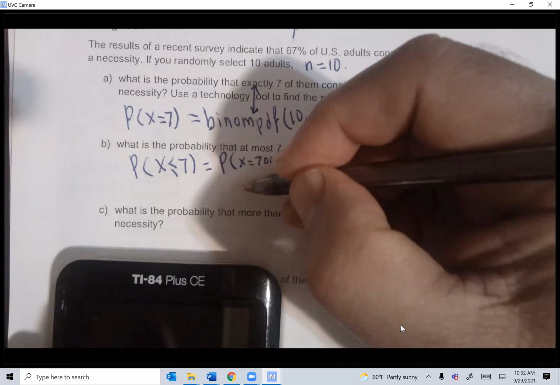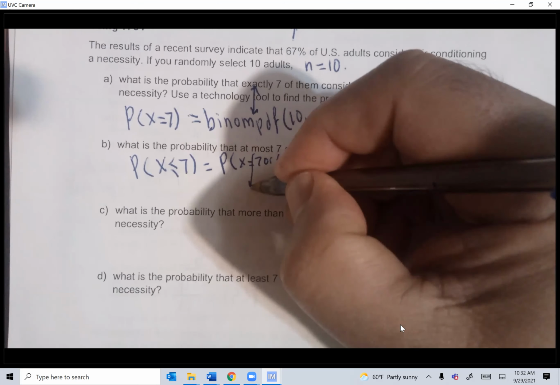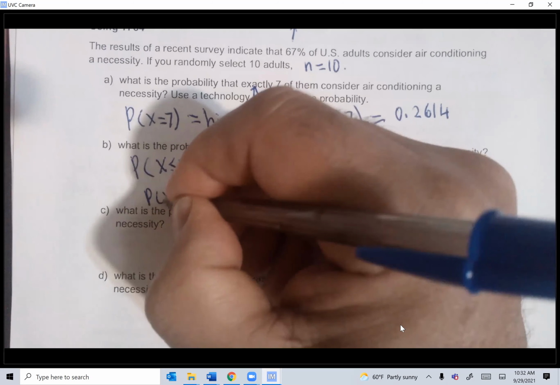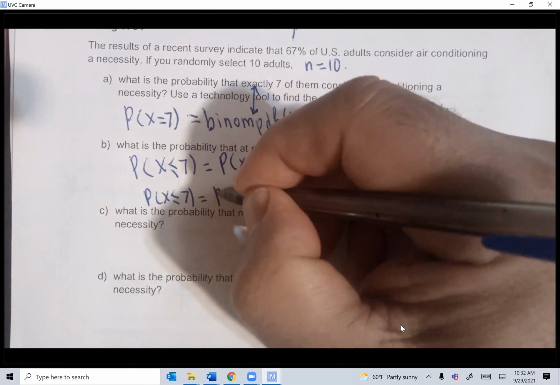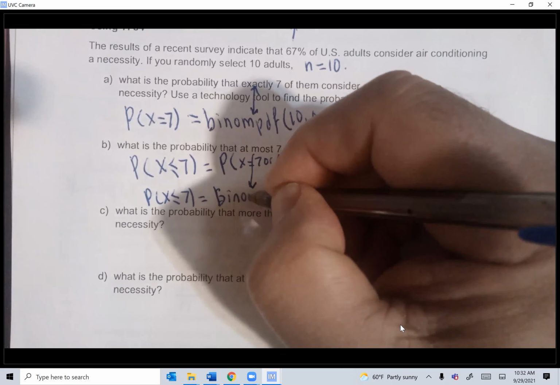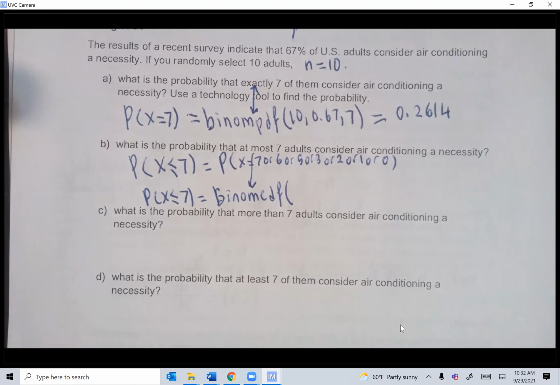And for at most, guys, you're going to see this formula right here. I'm going to write the name of it, which is Binomial CDF, cumulative. C stands for cumulative. Okay, let me show you this formula.